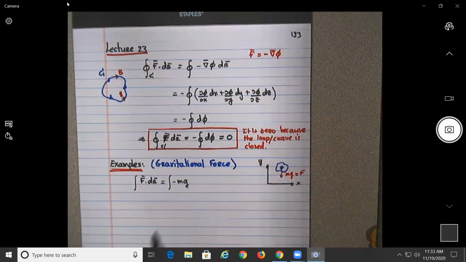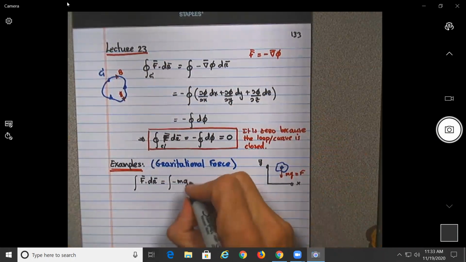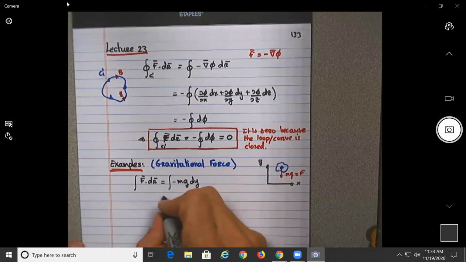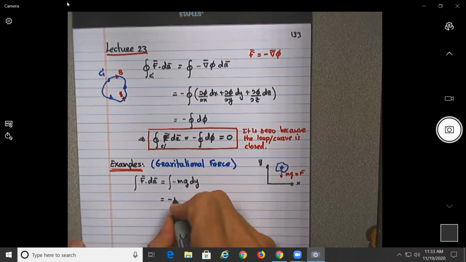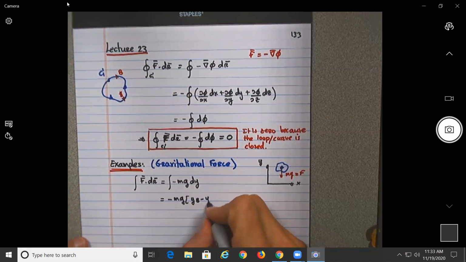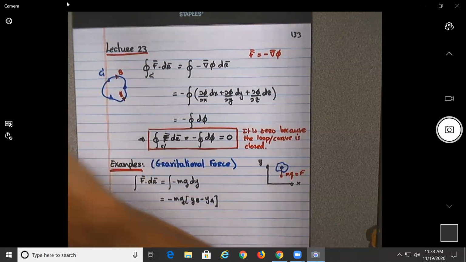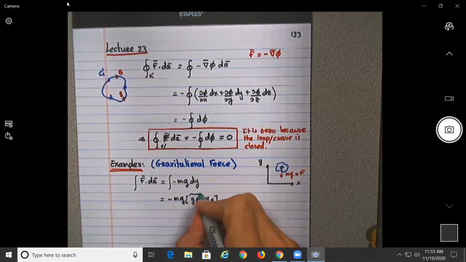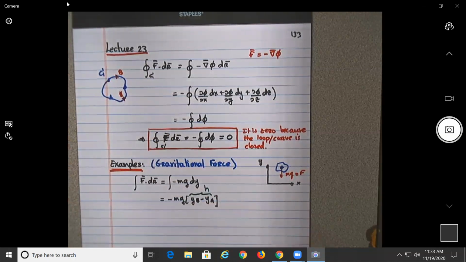Now, dr in this case is only in the y direction. So it should be dy. So this should give you minus mg, and let's say you have 2 points, y of b minus y of a. And this is generally defined as h. You are familiar with h.